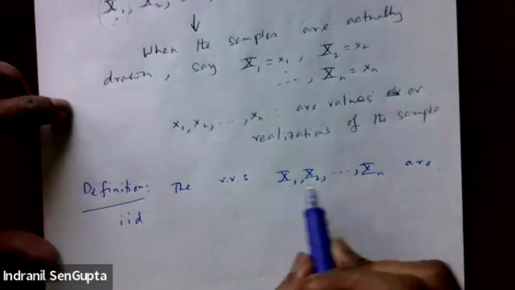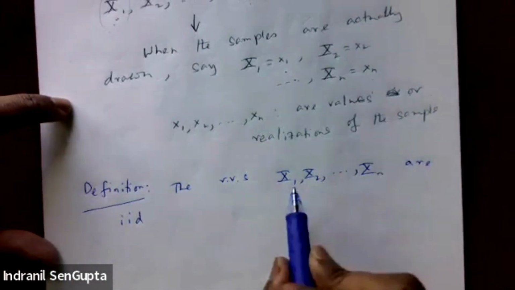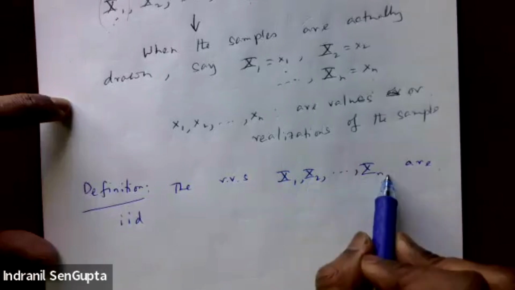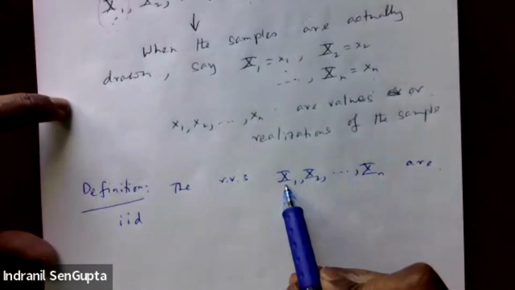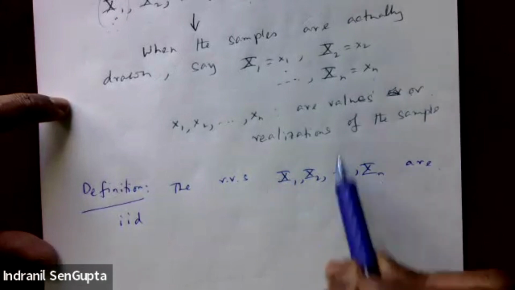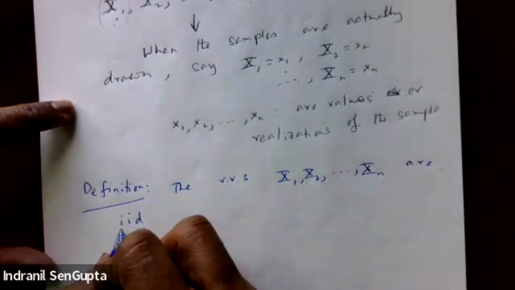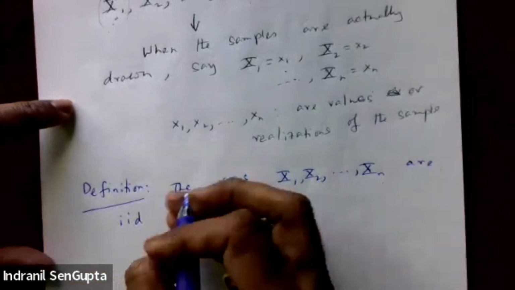Remember what an IID is: each of these is independent, and each follows the same distribution. Namely, X1 satisfies the distribution of X, X2 satisfies the distribution of X, and everything has the same distribution. That is independent and identically distributed.